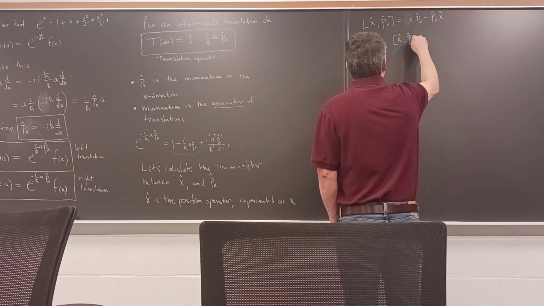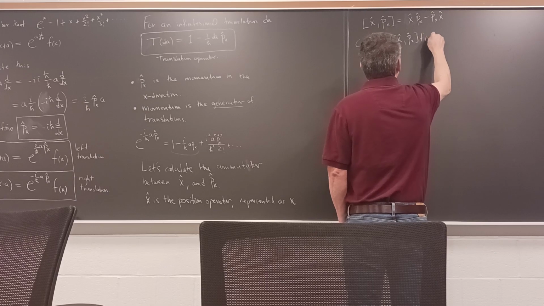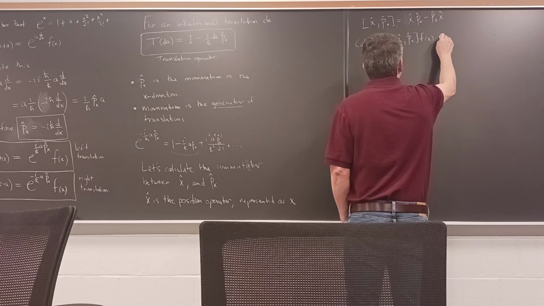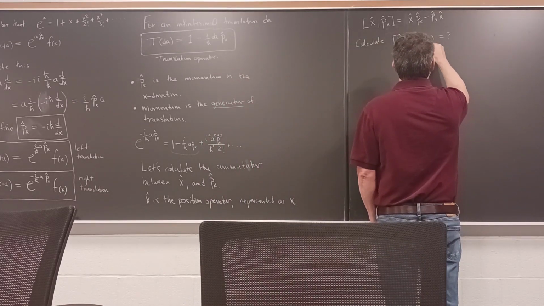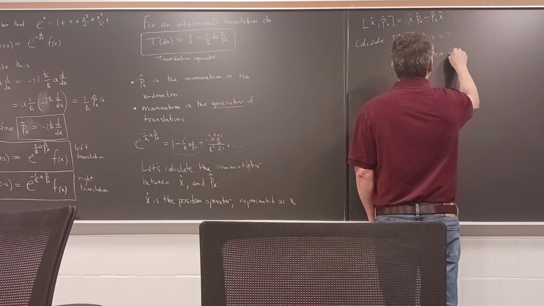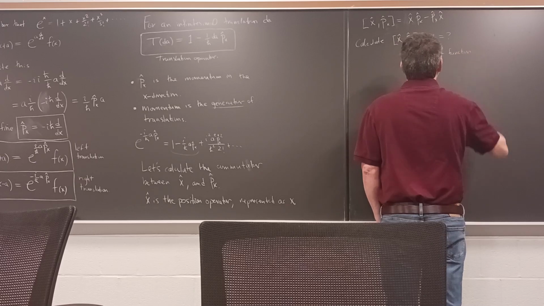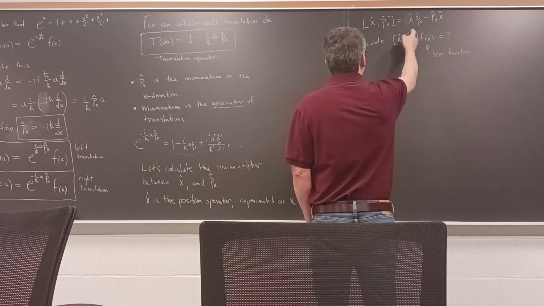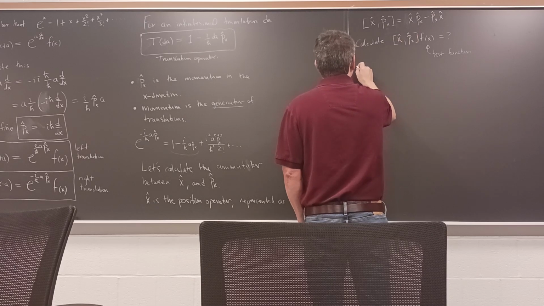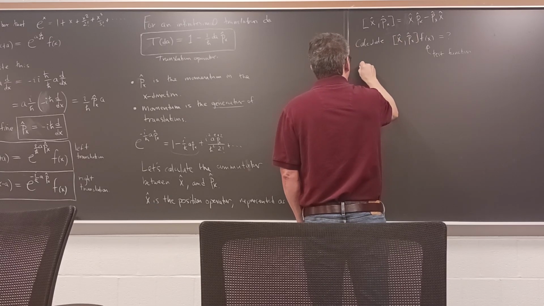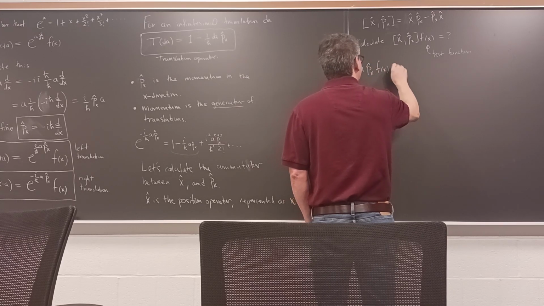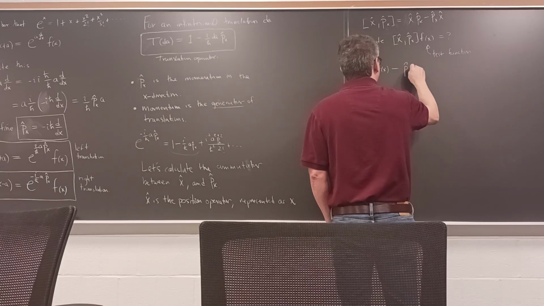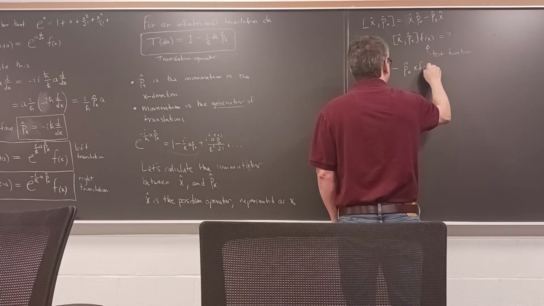So we'll calculate x hat, p hat x operating on some function of x, where this is the test function. So let's go ahead and write that out. This will be x, p hat x acting on f of x minus p hat x times x f of x.